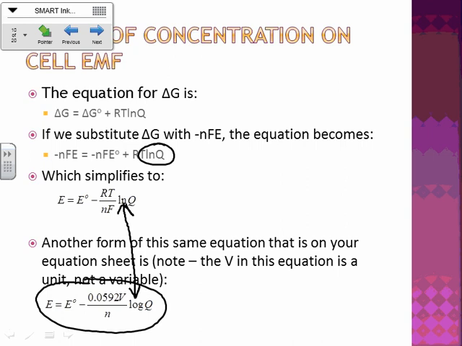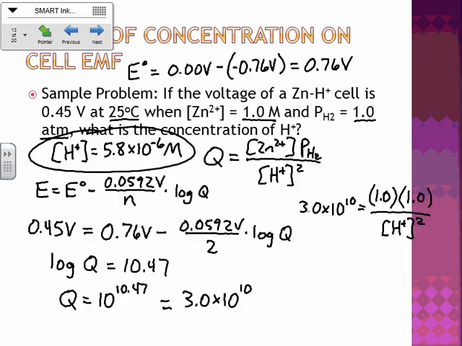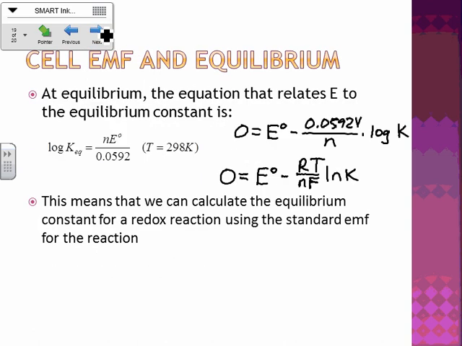Okay, but this is a common way to express this. So it could be written one of these two ways on your equation sheet. I'm not sure which. Okay, probably one of those two. But what that means is, if we know the standard EMF, we can actually calculate the equilibrium constant. Okay, and all we have to do is use one of these two equations. Probably this one most of the time would be the easiest one to use.